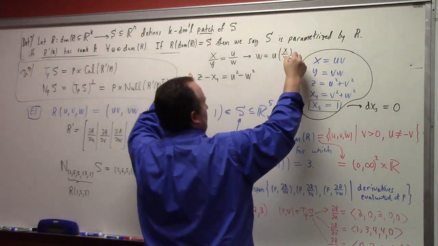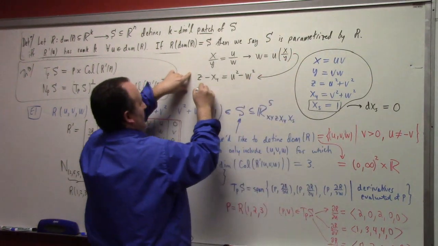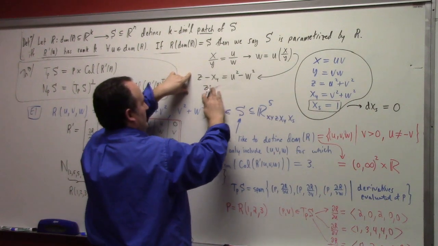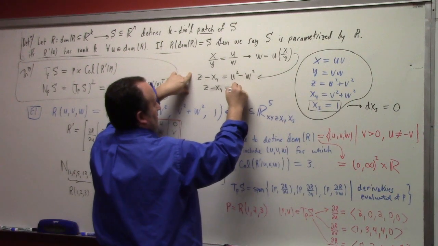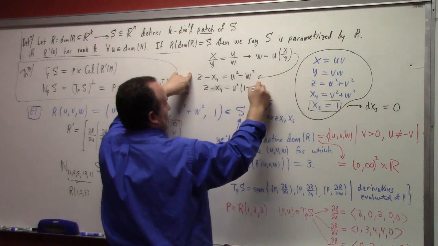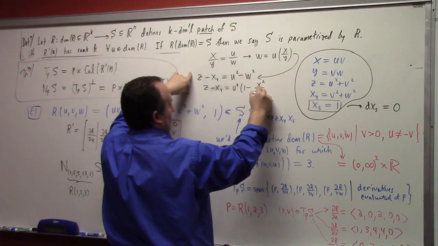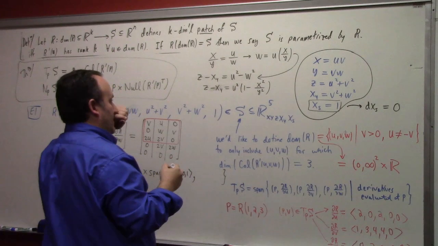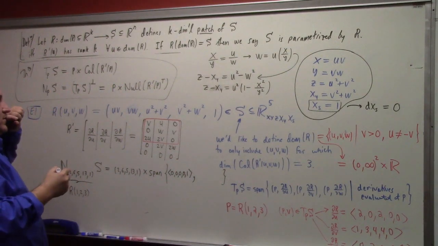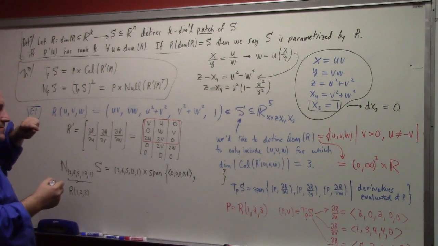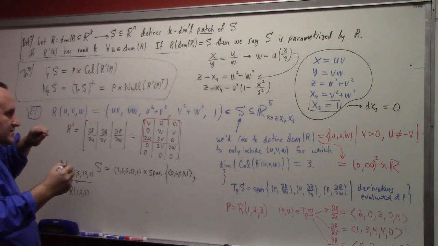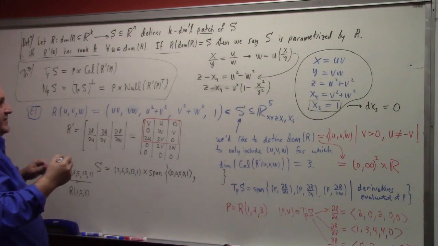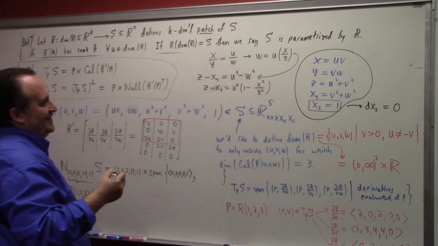And then we can plug that in down here and we'll get Z minus X4 is equal to U squared times 1 minus X squared over Y squared, right? Factoring that U squared out. Well, nope. Rats. Drat. Thought I saw it. How do I get rid of that U?